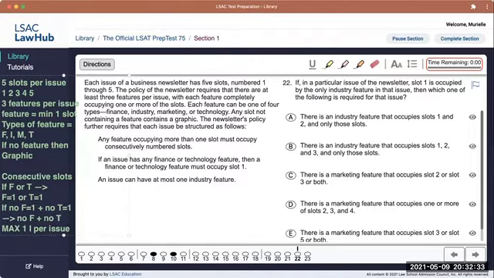So I would think of the slots as pages, okay? And then the features are stories, right? So stories of different types. So I would think of it like, okay, we've got a magazine right here. It's a newsletter, but maybe I could think of it as a magazine. It's got 5 pages.